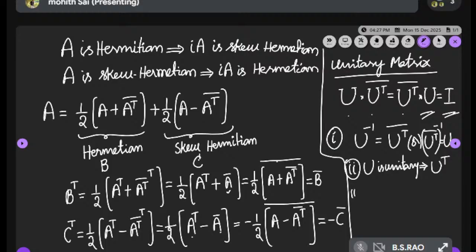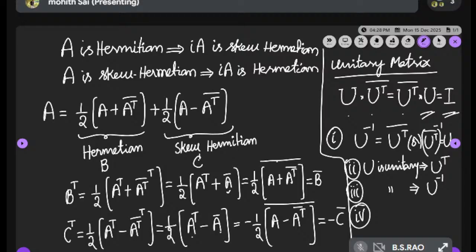Next, if U is unitary, it implies U inverse is also unitary.